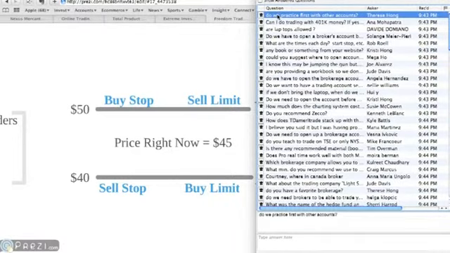Do we practice first with other accounts? Good question. What you can do is open up demo accounts before we actually get to the FTI.